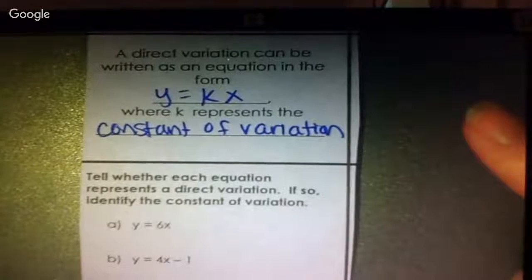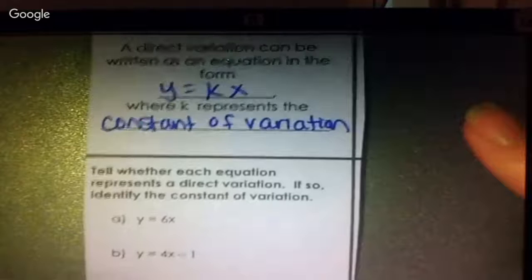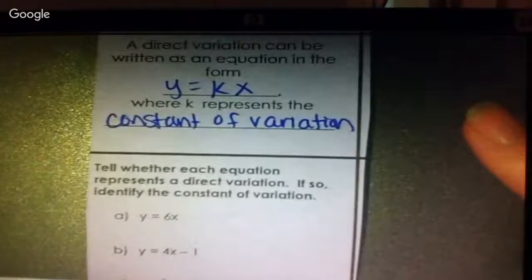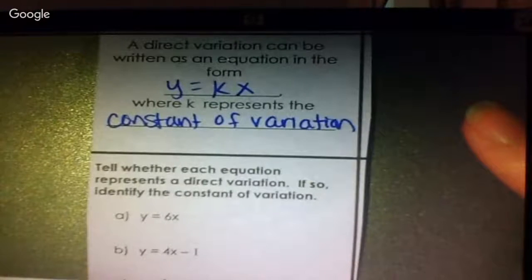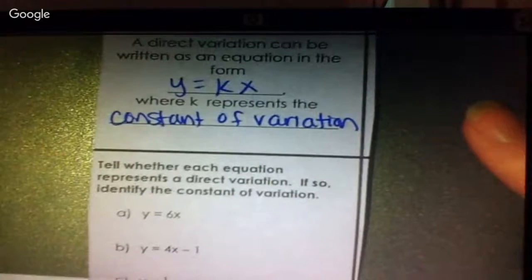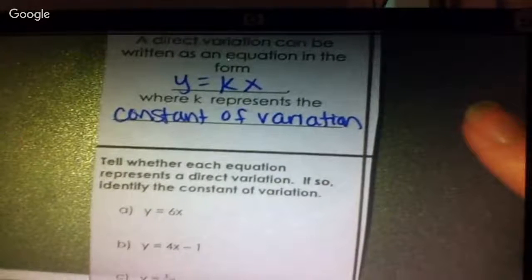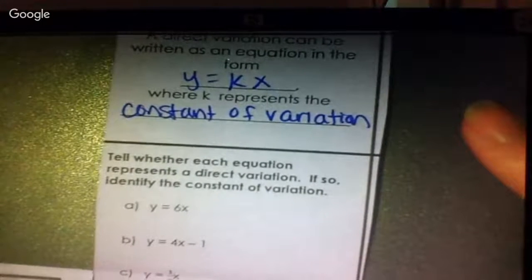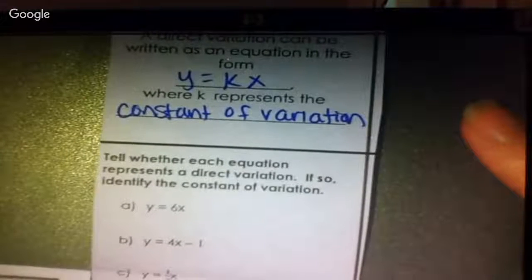And remember, if there's anything added or subtracted, automatically no. If there's no number, even an unwritten 1, in front of x, then it's a no. So if I have y equals 2, that's a no. I have to have y and I have to have x for it to be direct variation.